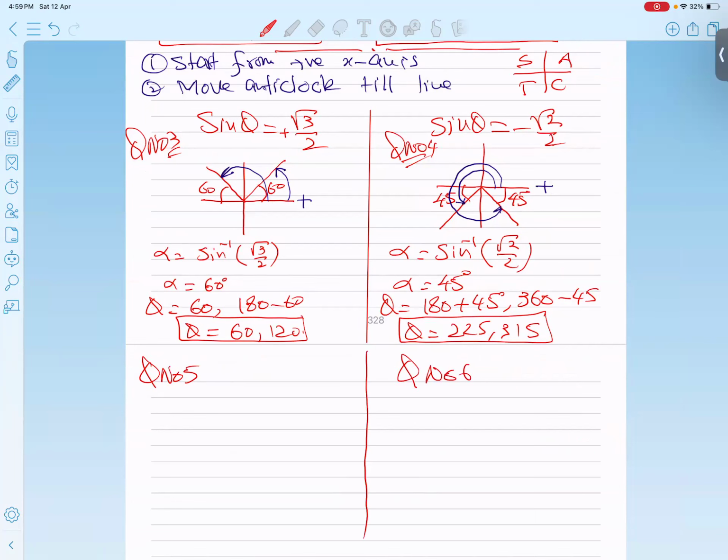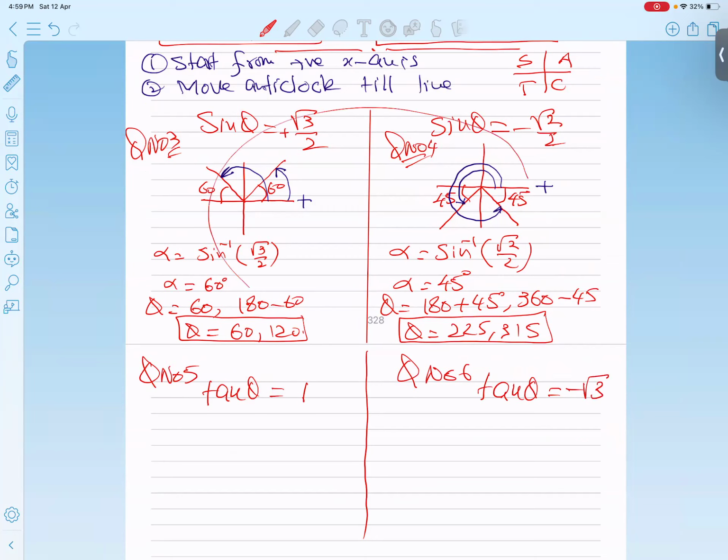Okay. First question, I'm giving you tan theta is equal to 1. That simple 1. And second question, I'm giving you tan theta is equal to negative root 3, not only root 3, negative root 3. So let's see how you're able to solve it.